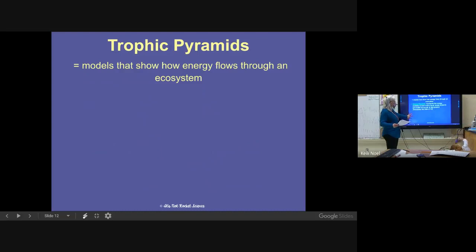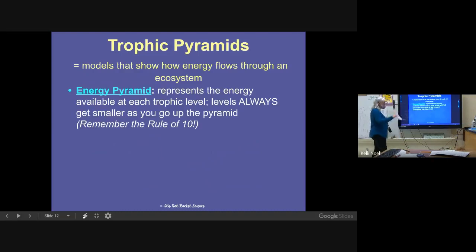So what we do to model this is we put this information into a pyramid, and it's going to show how energy flows through an ecosystem. What this does is it shows that the energy you get becomes smaller and smaller as you go up the pyramid.